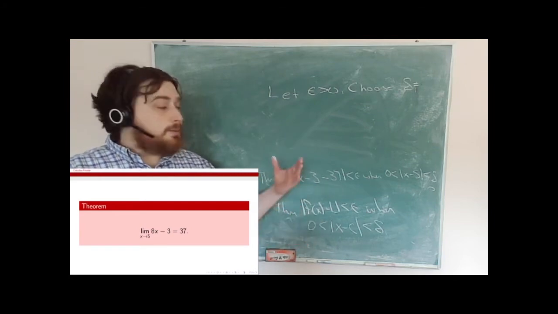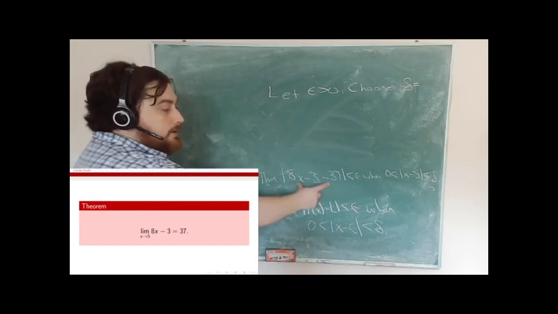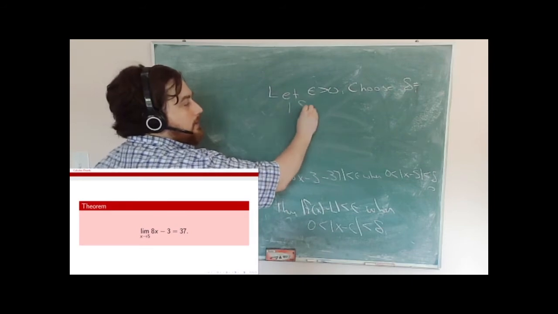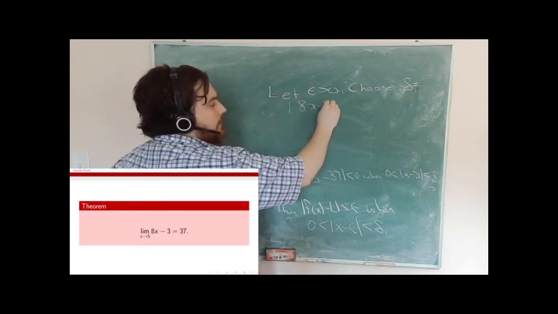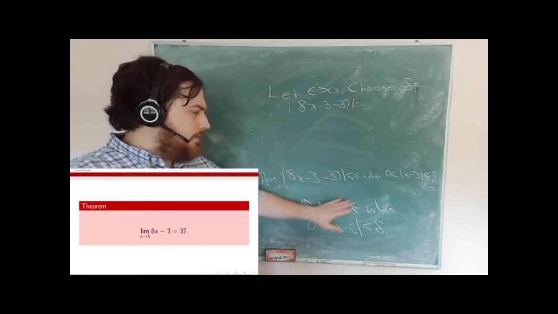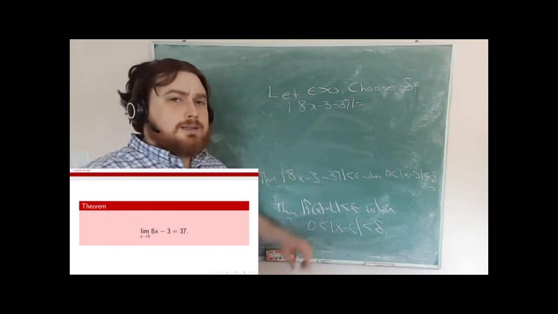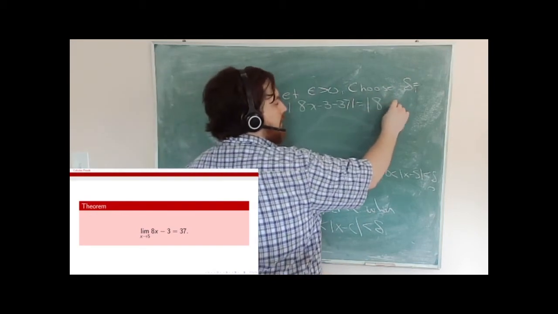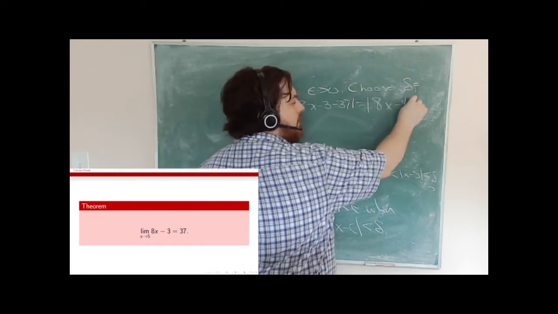Now, if we think about how I would show this is true, I'm going to start on the left, and I'm going to do things until I get to the right. So I'm just going to start with |8x minus 3 minus 37|, and hopefully I can simplify this to somehow get out that this is less than epsilon. Well, this is |8x minus 40|.